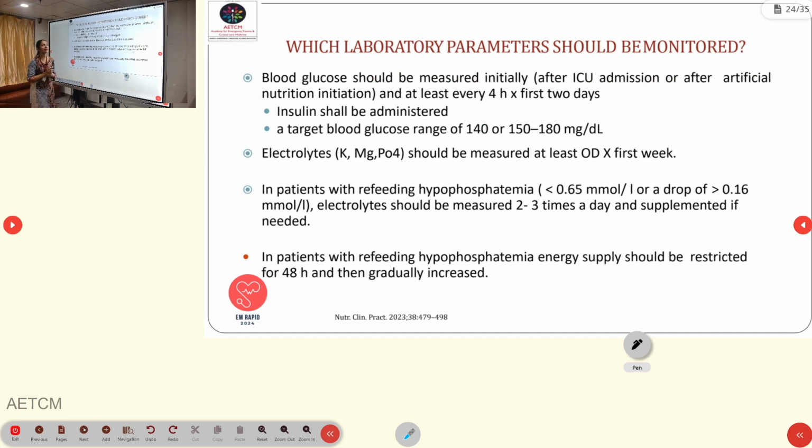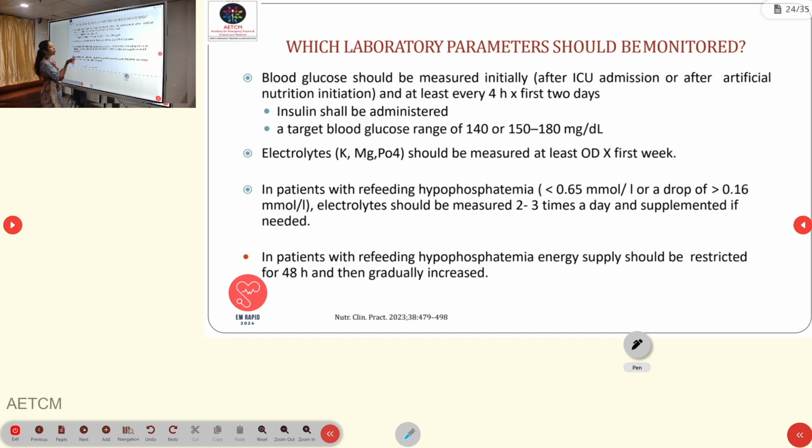So what are the laboratory parameters which we usually monitor when giving nutrition in the ICU? In the ICU we will usually be correcting the malnutrition and also giving the required feed for the patient. If you are giving too much nutrition, there is a high chance of hyperglycemia.